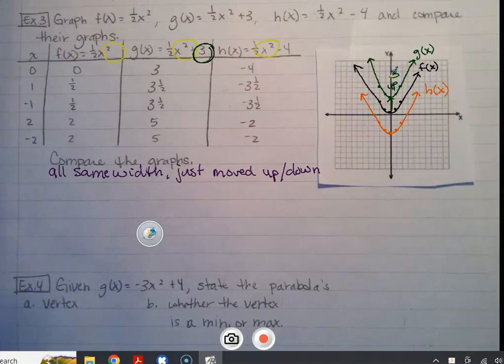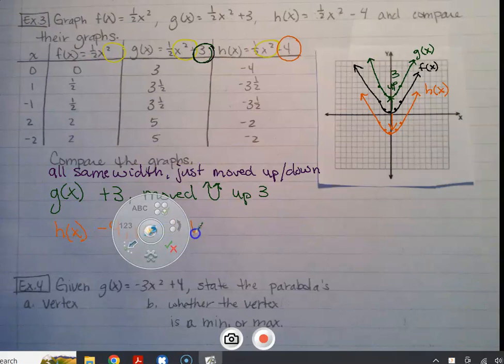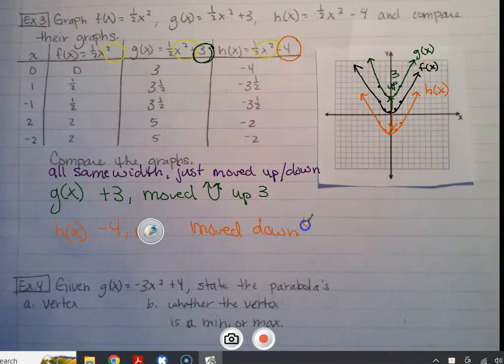Well, that's pretty cool. How about the other one? It has a -4. What happened to it? It moved it down 4. Yes. So that's what we can talk about. Our g of x had +3, which moved the parabola up 3, whereas the h of x had a -4, which moved it down 4.